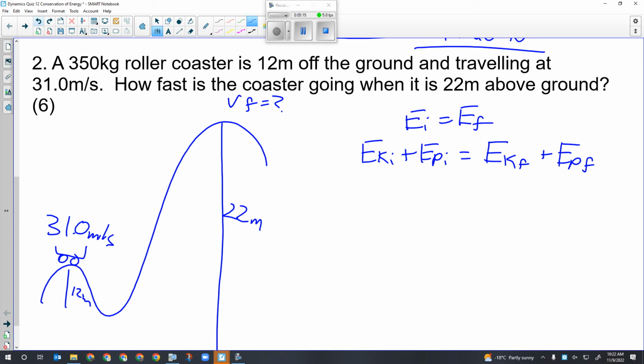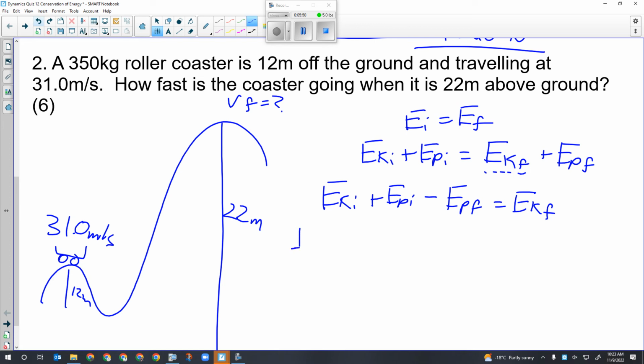That means I can expand it out. Actually, before I expand it out, I'm looking for VF, which would be part of this term right here. So what should I do with EPF right now? Subtract it over to the other side. Now we're at the point where we can put in our formulas.